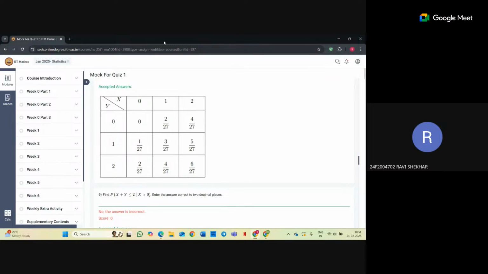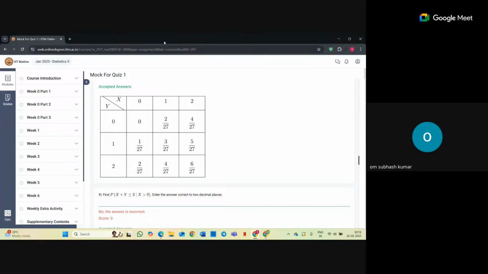You need to just add the entire first column, leaving the first column, the remaining two columns sum will be x greater than 0. Currently I'm just talking about the denominator, p of x greater than 0.